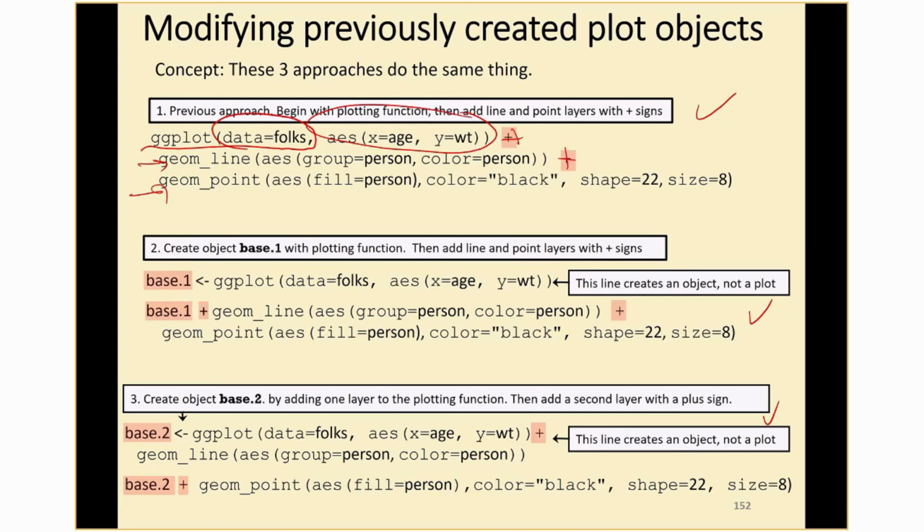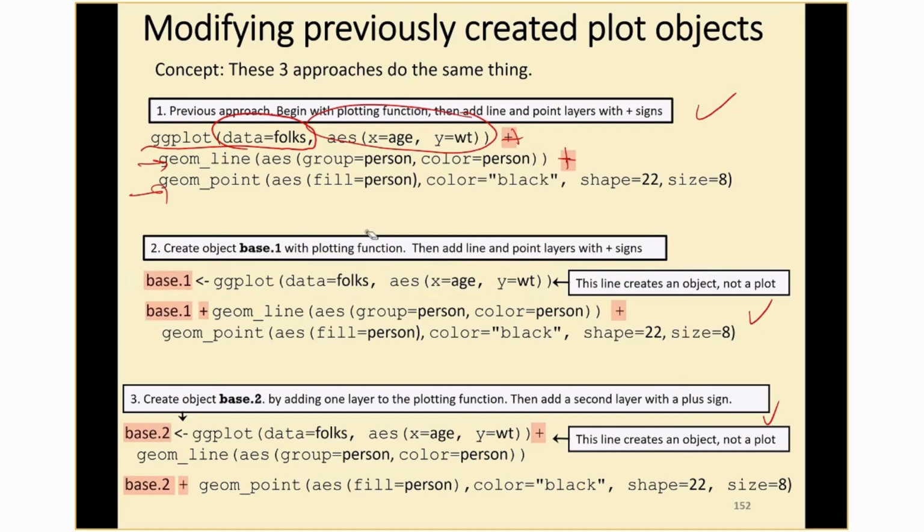The other reason nothing's going to be printed is I've got a plotting function, but remember that in order to make a plot, you need two things. You need the plotting function plus some sort of a geom. I don't have any geom, and for that reason as well, this block of code would not result in any plot being produced.